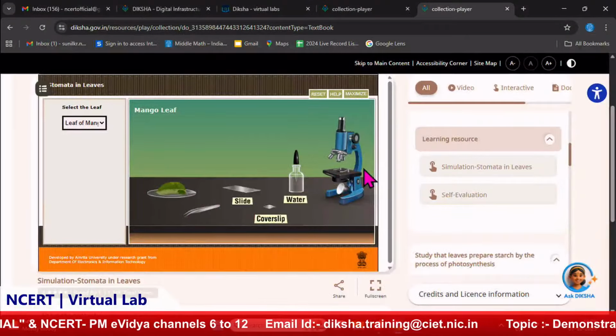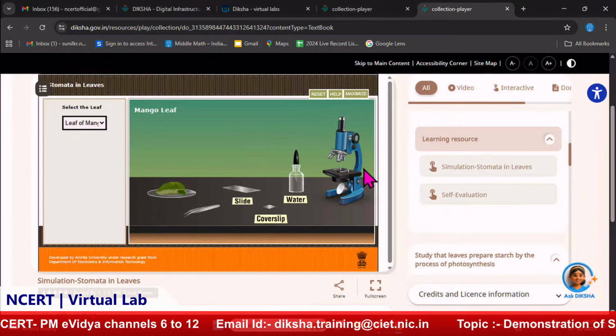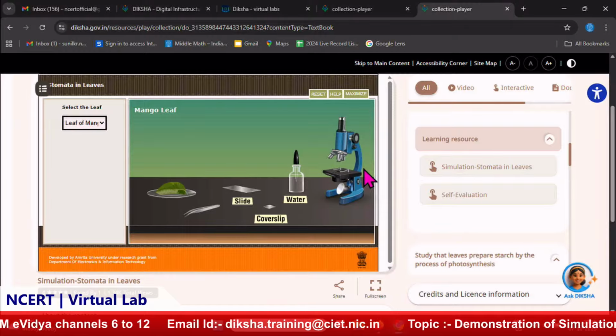And in the experiment, as you have seen, various kinds of leaves are given, so the student can take one leaf, then another leaf, and the third leaf, and with this they can make a table and compare the results. So how the position or the shape or the number of stomata varies in these three kinds of leaves. So this is all about how you can observe stomata in a leaf.